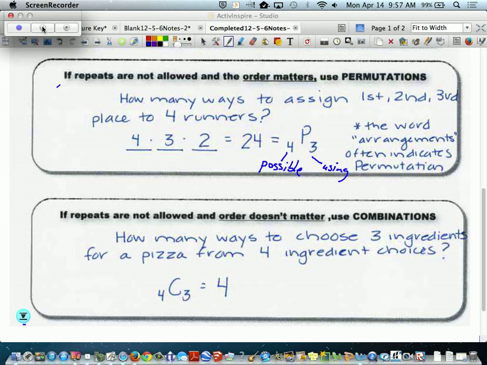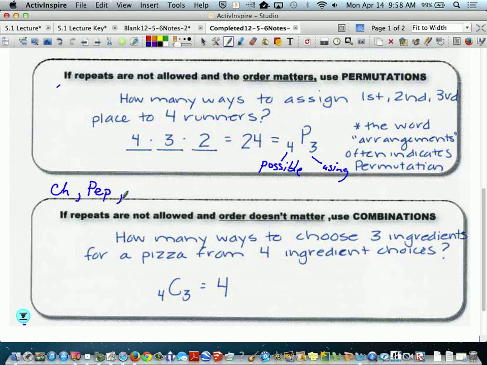If repeats are not allowed and order does not matter, use a combination. How many ways to choose 3 ingredients for a pizza from 4 ingredient choices? So what happens is, if you have, I don't know, cheese, pepperoni, sausage, and pineapple.